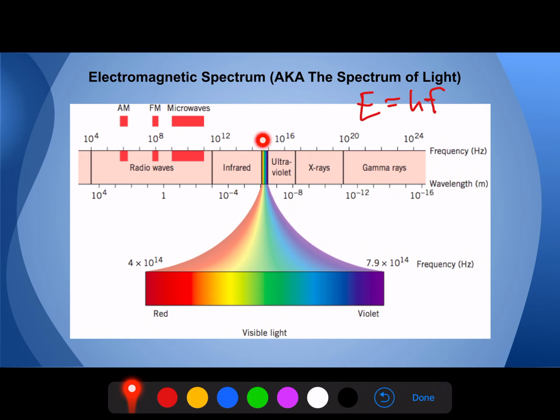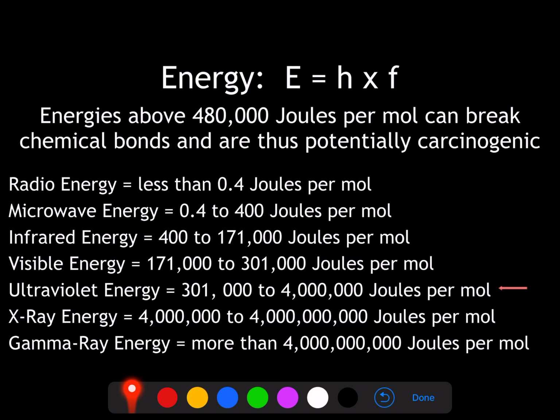Infrared is going to be slightly more energetic, okay, and frequency increases as we go right on this plot. So visible light will be higher in energy than infrared or radio. Ultraviolet will be even higher in energy. X-rays will be even higher in energy. And gamma rays will be the most energetic in this spectrum of light.